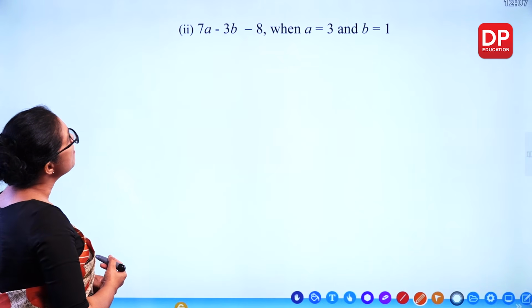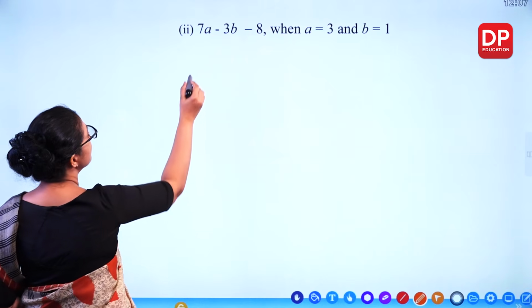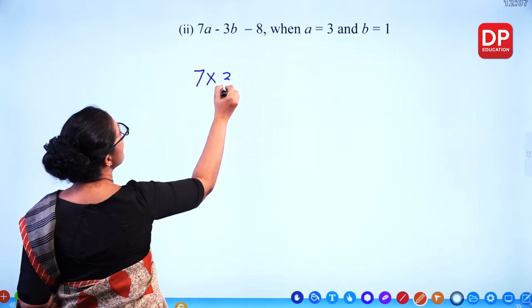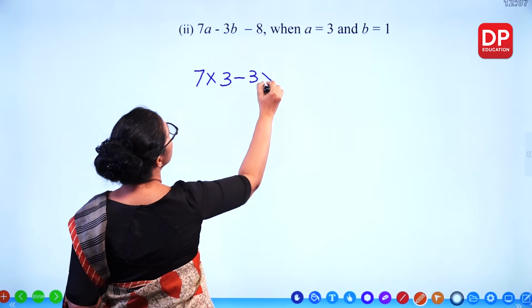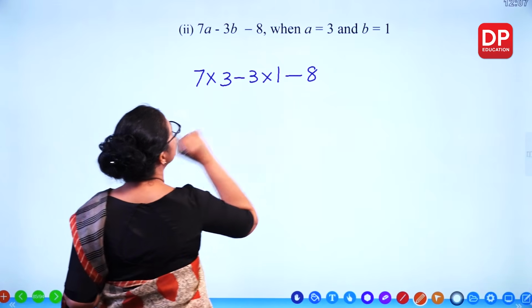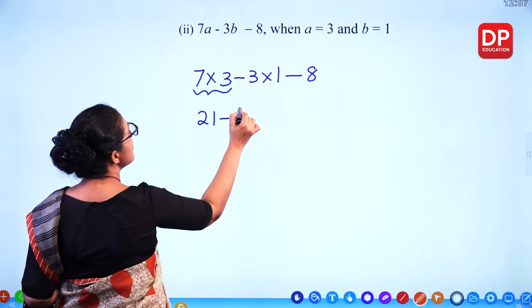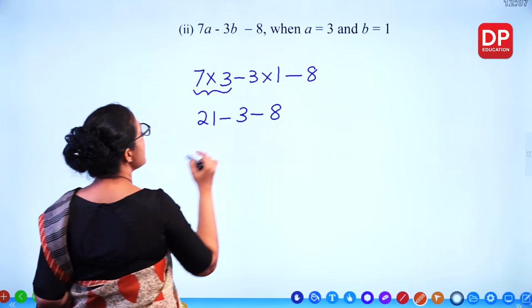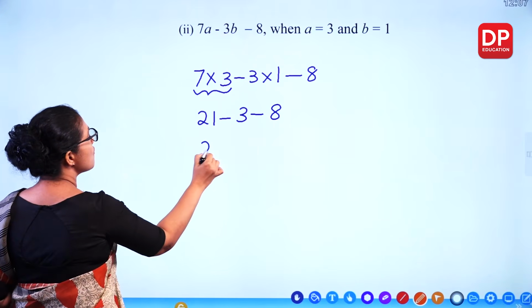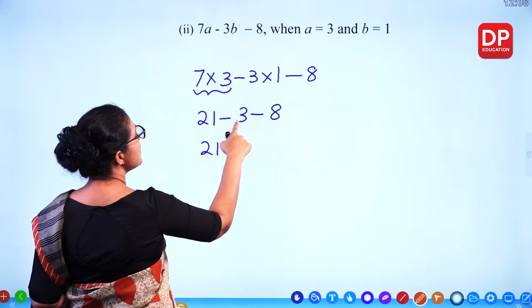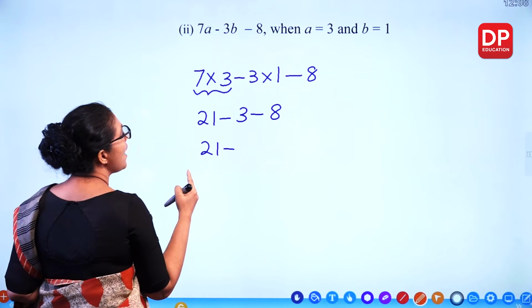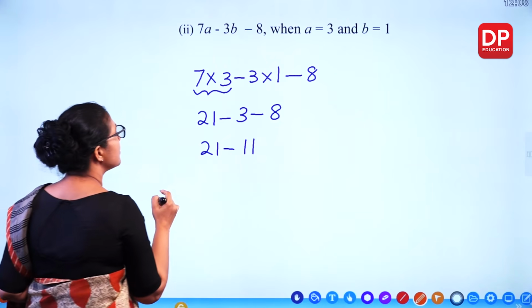7a minus 3b minus 8 when a equals 3. Substitute 3 there. b equals 1. Multiplication first. 21 minus 3 minus 8. So 21 minus 8 and 3, both minus, that's 11.